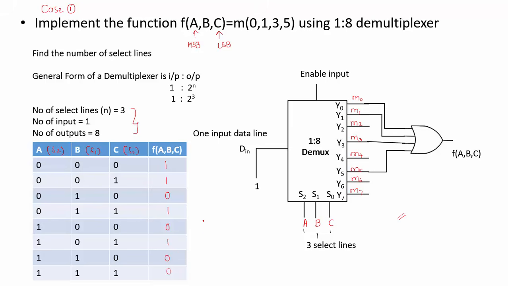So this means that f of a, b, c is the summation of minterms 0, 1, 3 and 5. This is what we were asked to implement in the problem using the 1 to 8 demultiplexer. So in the next video, we will take up a problem from case 2 and see how we solve it.